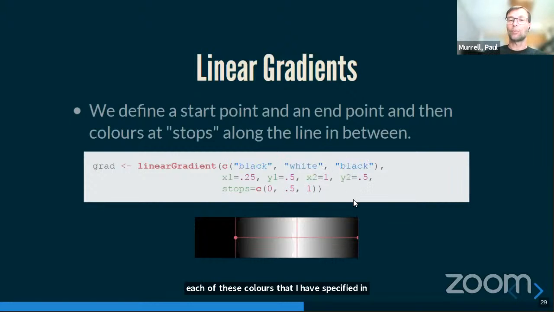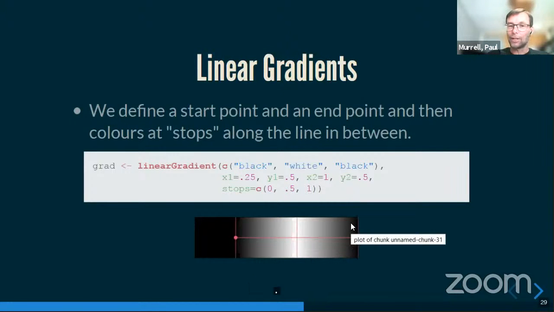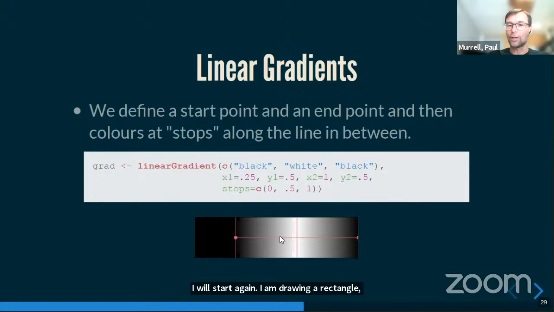So in this case, I'm drawing a rectangle and filling it with a linear gradient. The linear gradient starts a quarter of the way across and goes to the right-hand side. Within the length of that defined segment, at 0, the start of the segment, I start with black. Halfway across, I need to get to white, and all the way across to the right-hand side, I need to get back to black. And then the system fills in the rest.